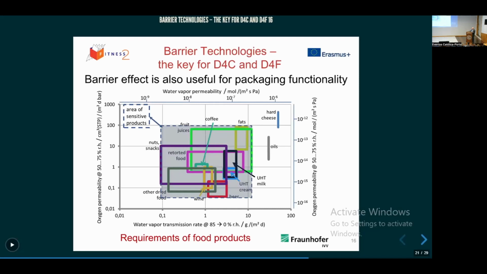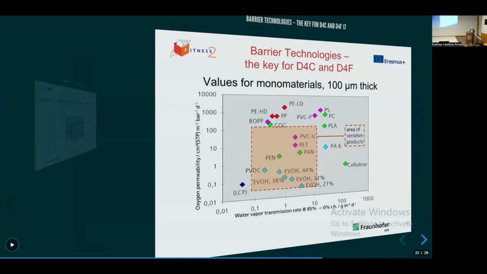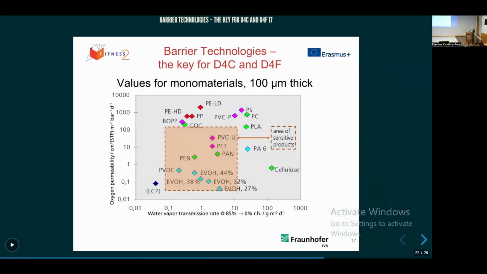And this is, so to say, the area of sensitive foods, which in many cases is very important to achieve. And if you look at the usual polymers, you recognize that some polymers are able to maintain those limits, while others, especially the dominating polyolefins, are not.